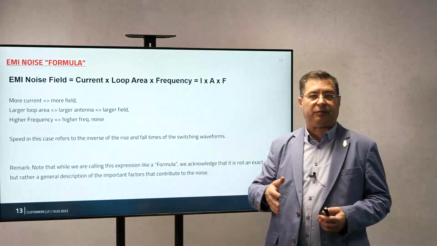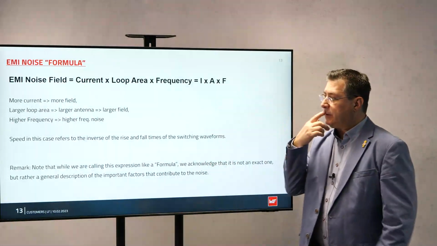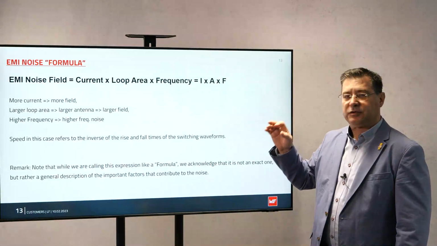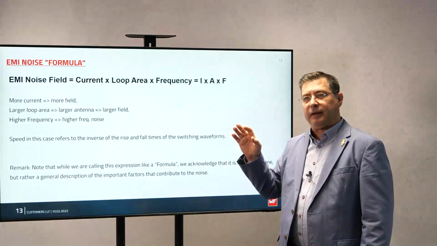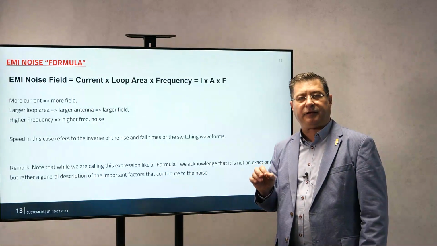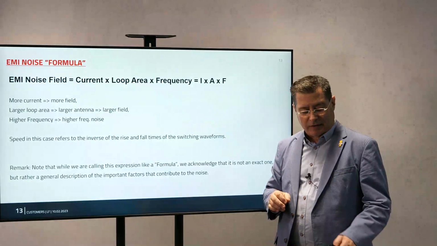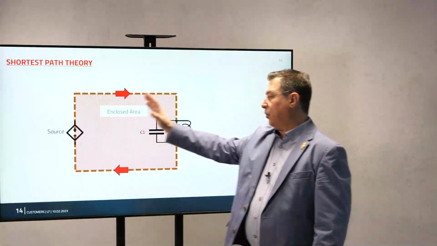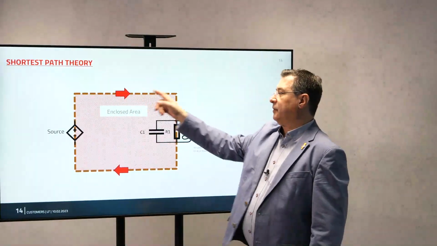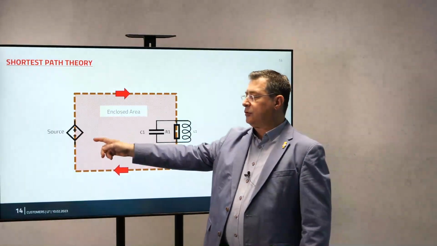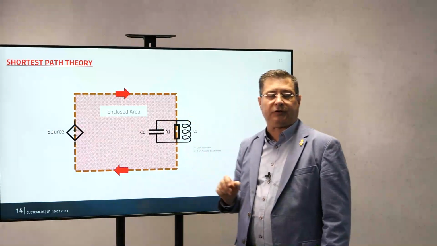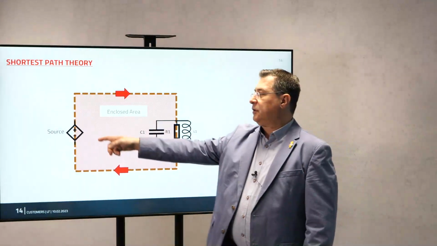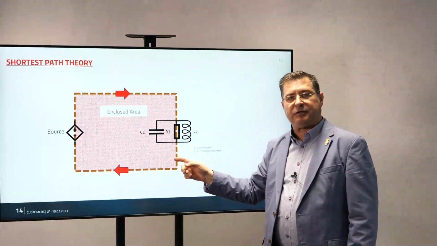And then you can say, okay, if I take this formula into consideration, then maybe the shortest path theory is not always the best one. Because sometimes it could happen that you have a noise source and you have the load, and the shortest path from source to make a short of this noise will enclose a big area in the EMC field.